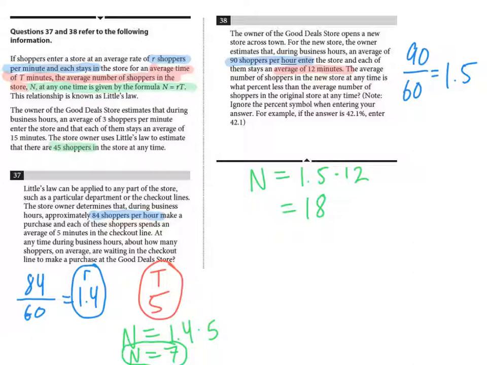Well, 18 out of 45 is 0.4. It's 40% of what the original store was. Well, if it's 40%, and the question is asking what percent less than the average number in the original store, then we're going to have 60% less.